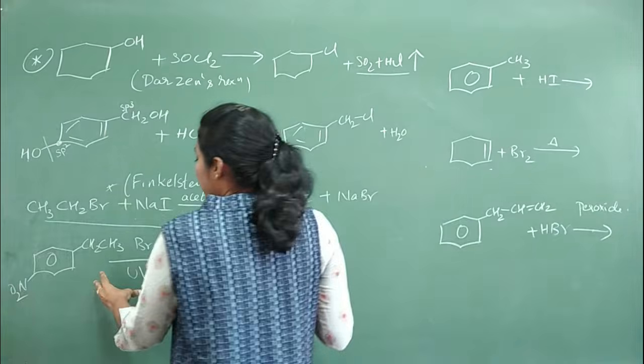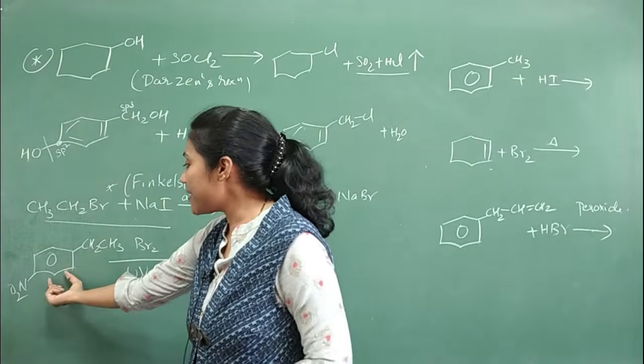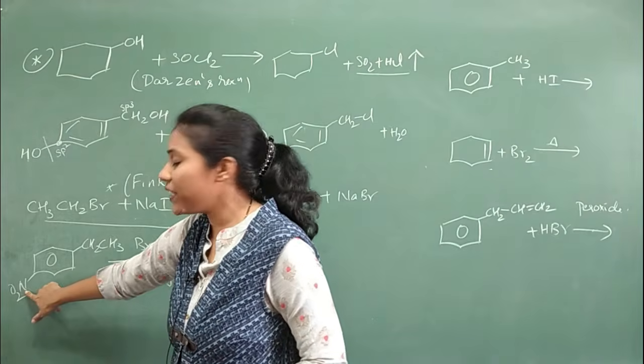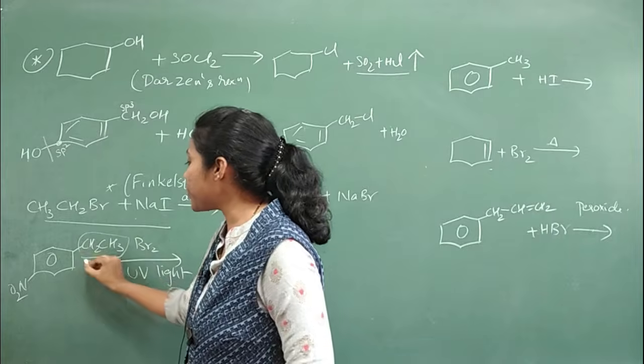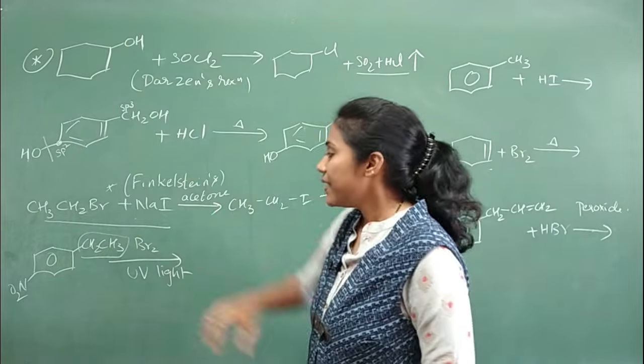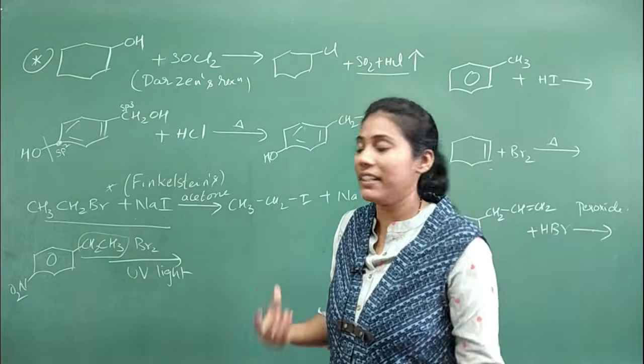And coming to this reaction, say this is benzene and you have one substituent group NO2 and you also have one side chain that is CH2CH3. So this side chain, if you look at, this is an alkyl group.